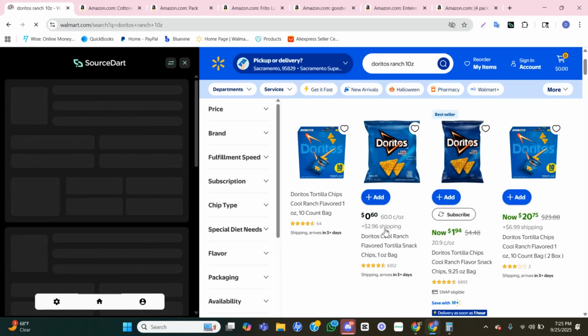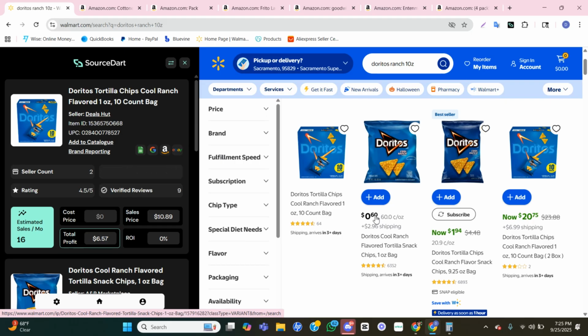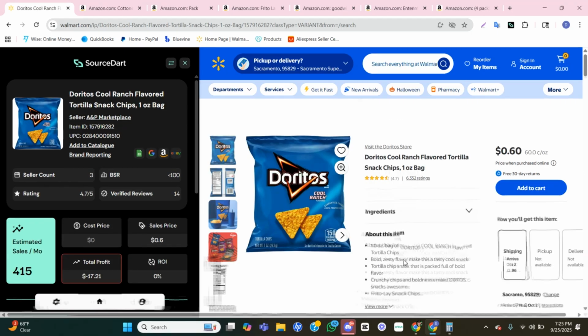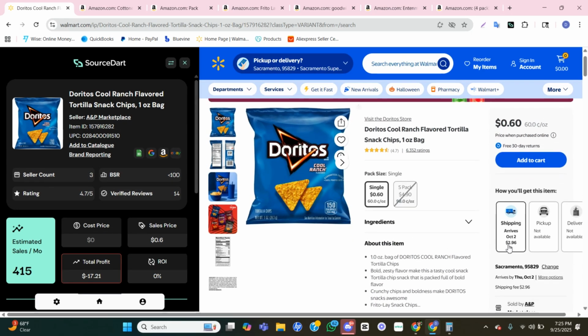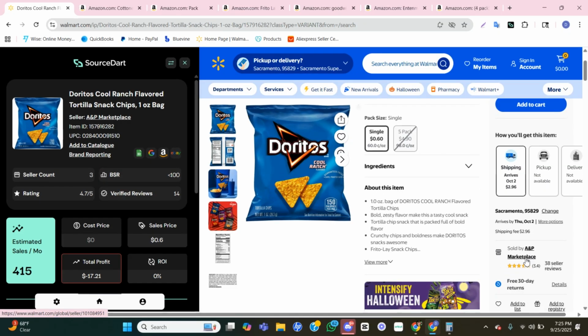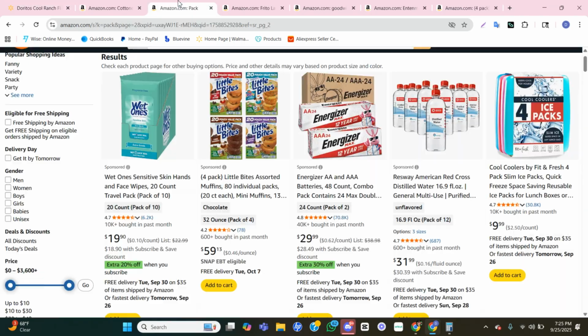If you can see here, they are selling this for 60 cents, but there's a shipping fee. Other sellers are charging a marketplace shipping cost of 2.96.